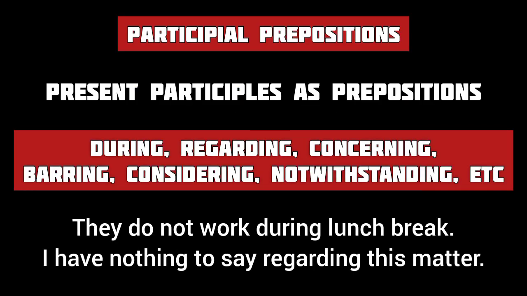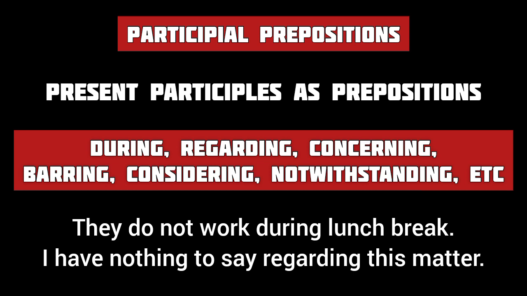But what about participial prepositions? Well, if the present participle is used as a preposition in the sentence, it's called a participial preposition. For example, during, considering, regarding, barring, concerning, notwithstanding, etc. They don't work during lunch break.